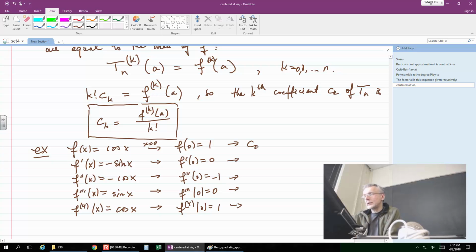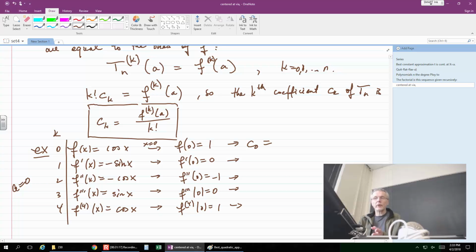C0 is equal to, according to that formula, so these are the k's: k equals 0, 1, 2, 3, and 4. Okay, so I have my function and its derivatives in the first column. In the next column, I evaluate that function at 0, that is, our a is 0, and then now I'm evaluating the coefficients.